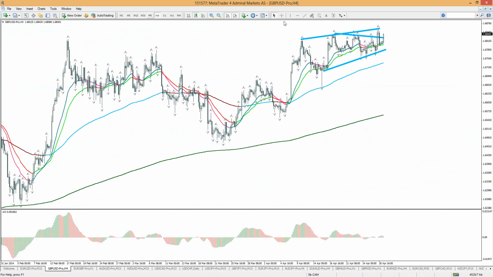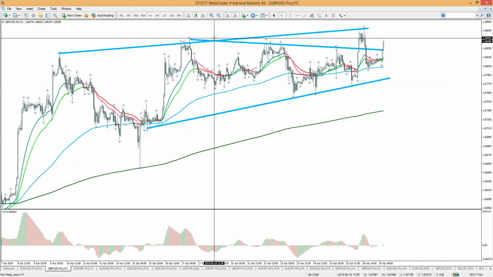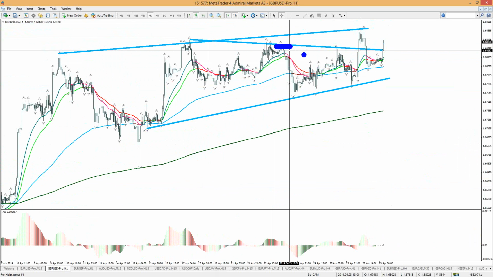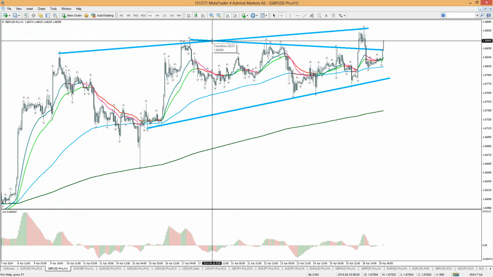It depends when and where. If you short it, for instance, somewhere here, or even here, I think that makes sense. There's nothing wrong with it. It's just that unfortunately, for those that are trying to stay in for a bigger move, it didn't happen. So then you have to be aware of the fact that if something like this happens, it could also be a triangle for more upside. That's the only thing.